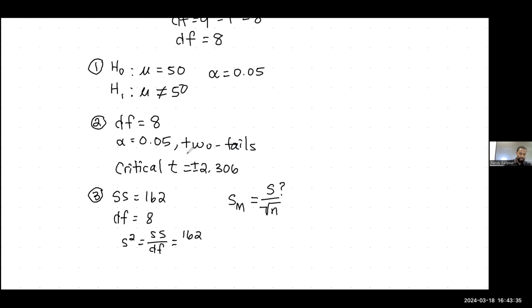So if you do the math, 162 divided by 8 gives you 20.25, okay? But now I'm not just looking for my variance, I have to look for my standard deviation. So I want to take the square root.